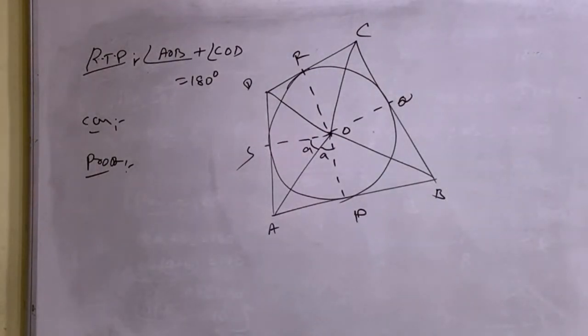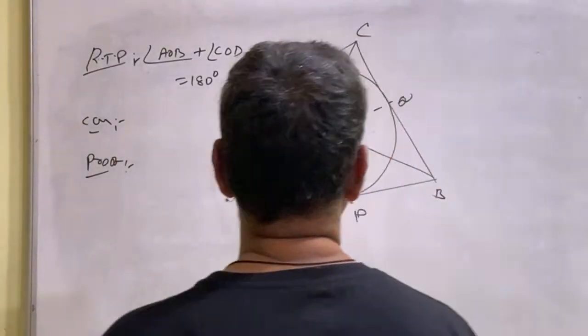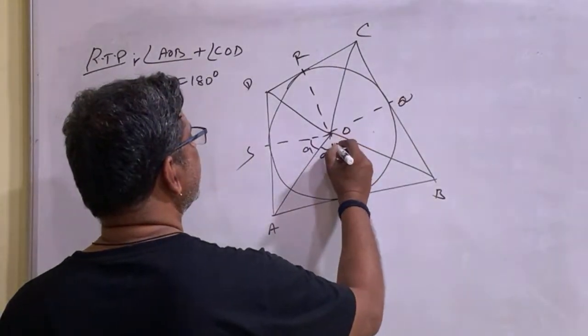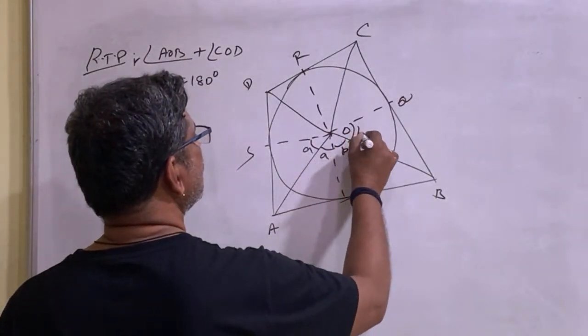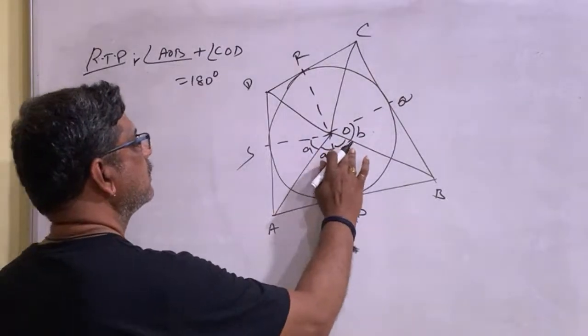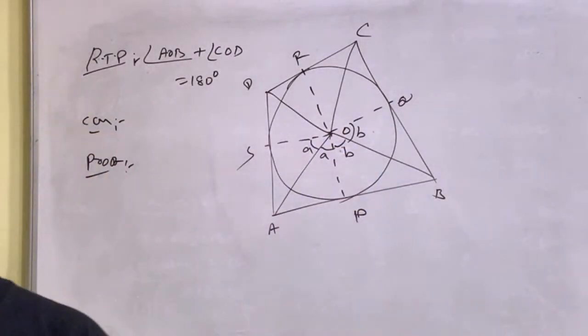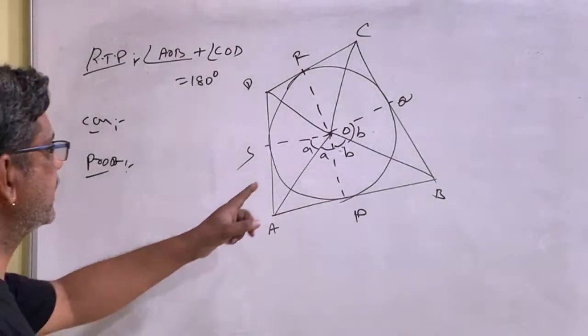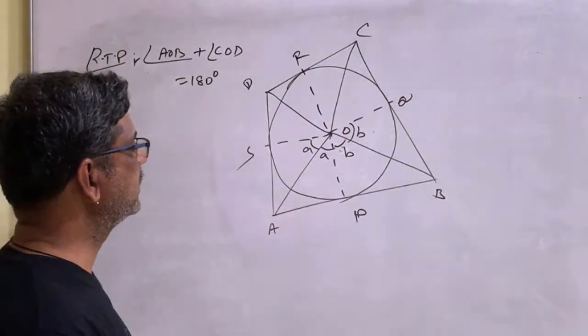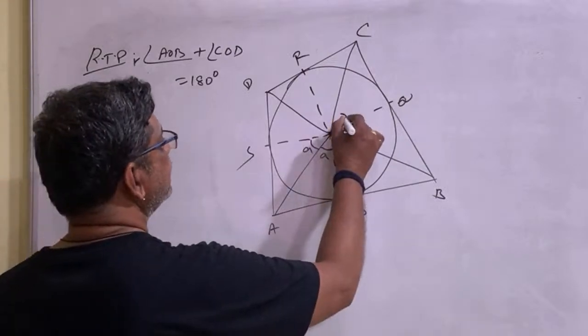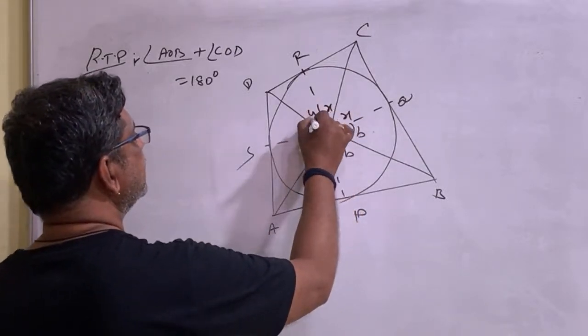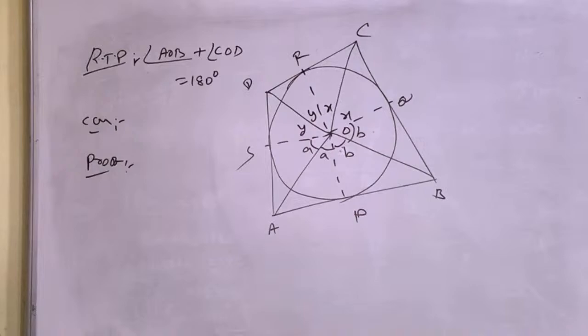Now, what are the other angles that are equal there? I think these two angles are also equal. Since these two triangles are congruent, these two angles are equal. And even these two angles are equal, and even these two angles are also equal.